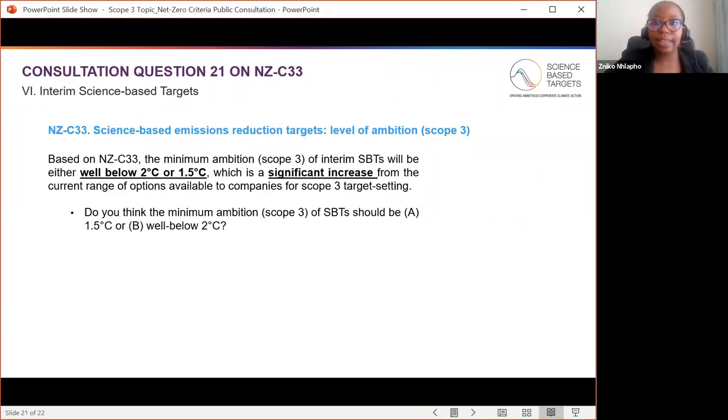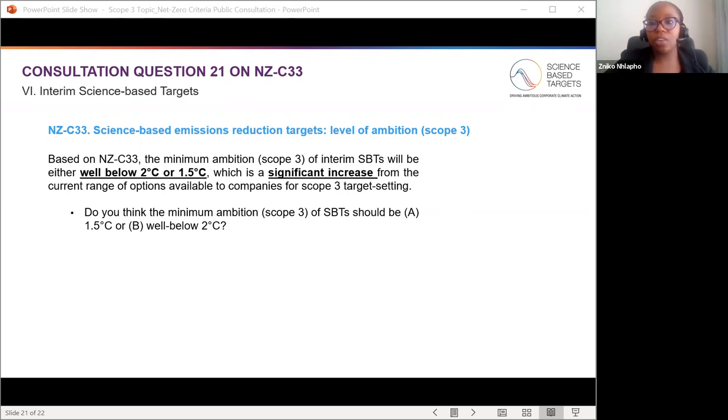So looking at the consultation question related to C33 specifically, we are asking you, based on Criterion C33, the minimum ambition for scope 3 of interim SBTs will either be well below 2C or 1.5C aligned. And these are both quite an increase from the current range of options available for companies for scope 3 target setting.